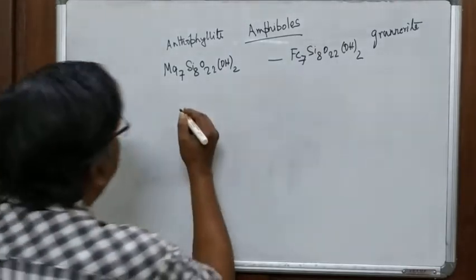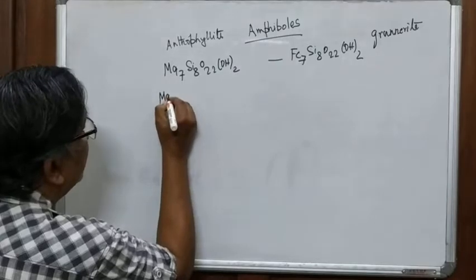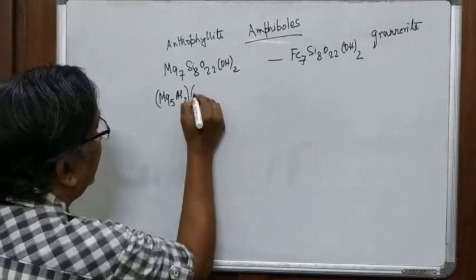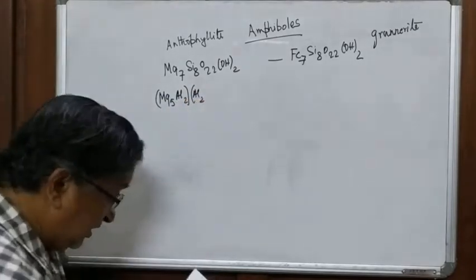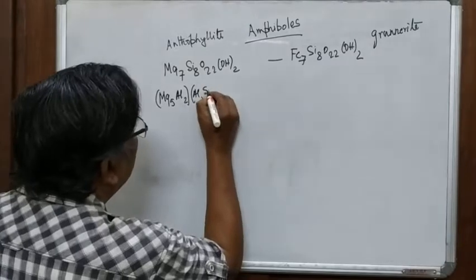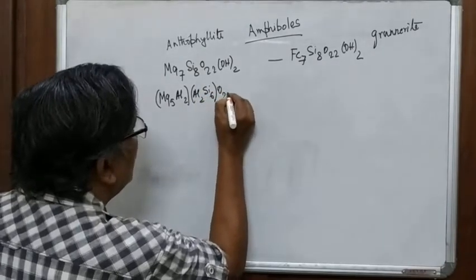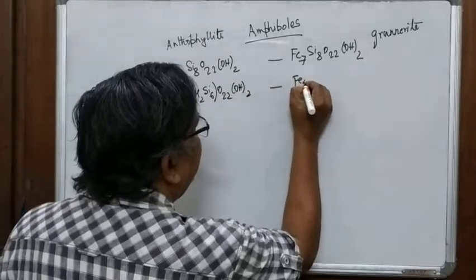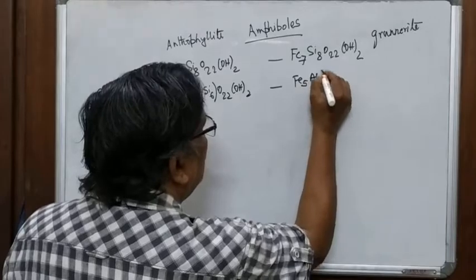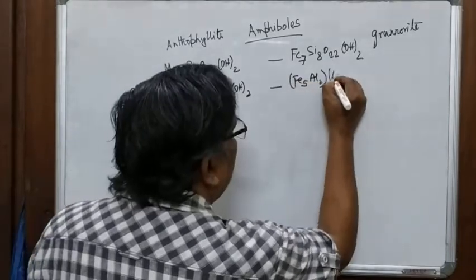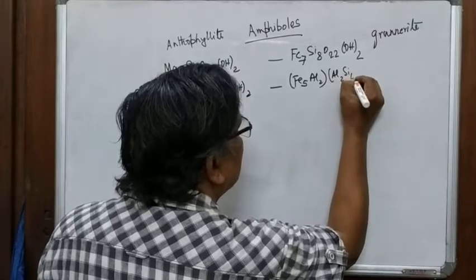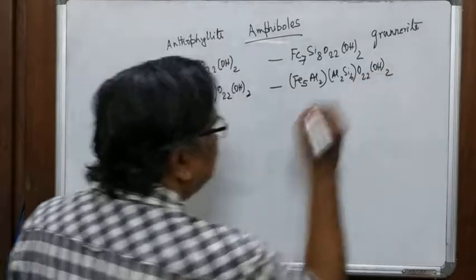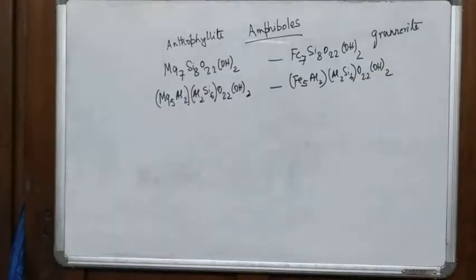Then you have another mineral here, which is Mg5Al2Al2Si6O22(OH)2. And the iron end member, Fe5Al2Al2Si6O22(OH)2. Now you see here, what is the replacement?